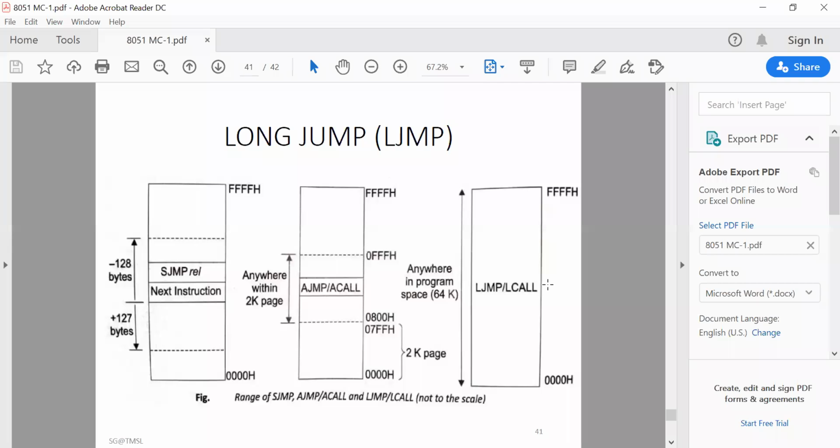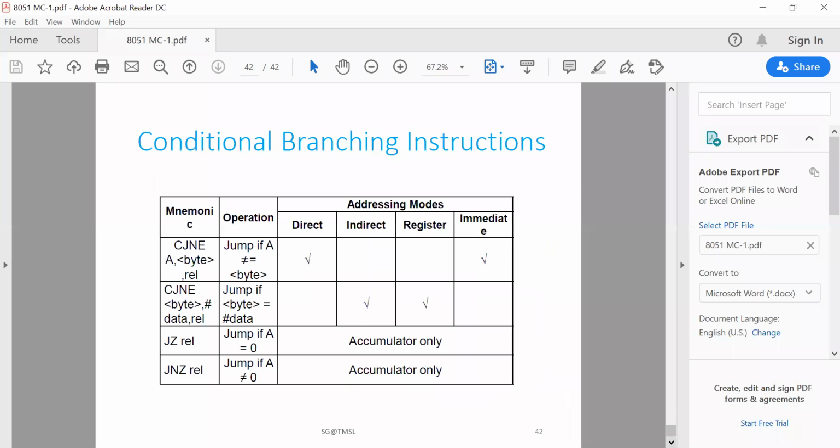The disadvantage is that it's a 3 byte instruction, so programs using it are not relocatable, and ljump is normally used in larger programs where the full address range can be used. So these are actually unconditional jumps.